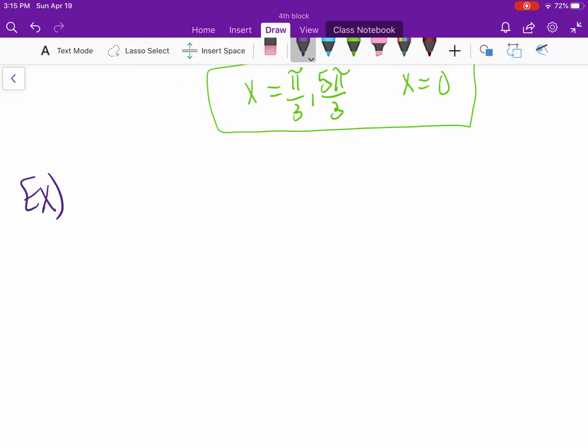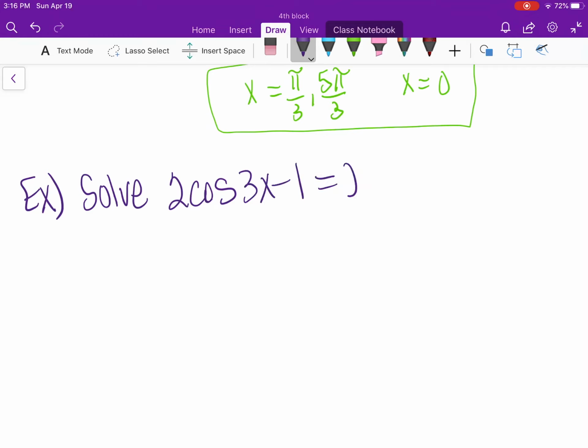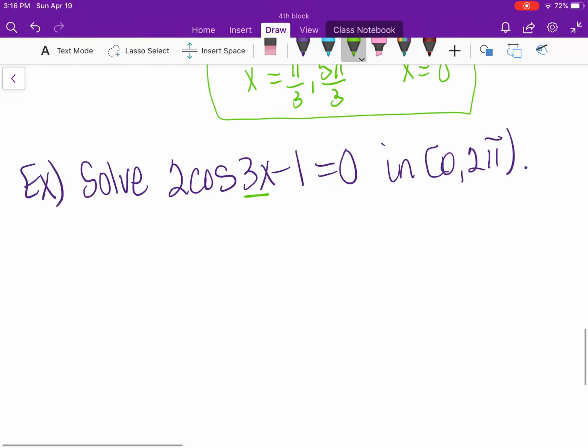So on this first one, we want to solve 2 cosine of 3x minus 1 equals 0 in the interval 0 to 2 pi. Now, this is the part that makes it a multiple angle, which is going to make it a little different at the end when we go to solve.